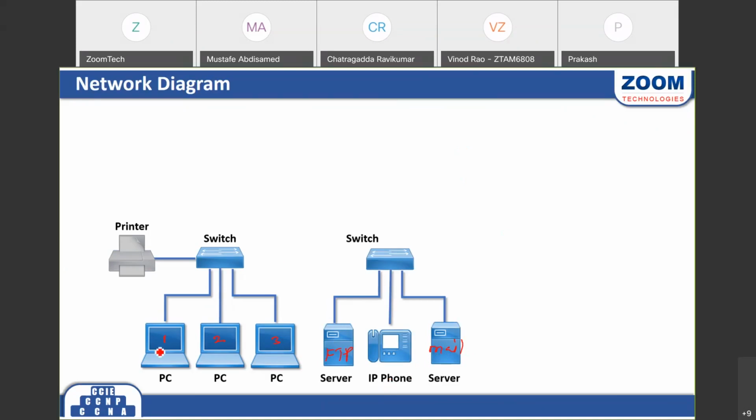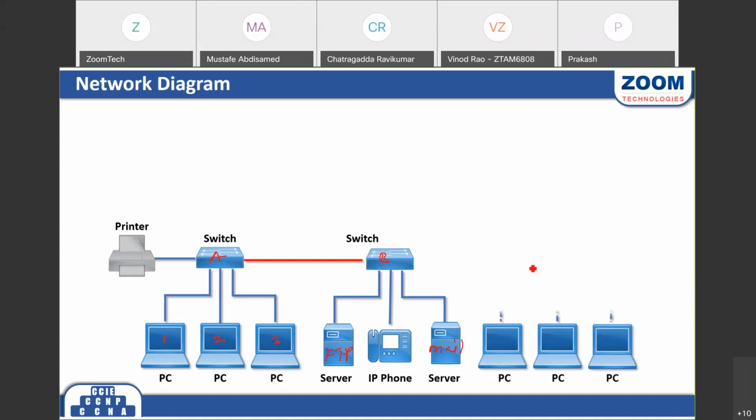From PC1 we can communicate with the printer, PC2, and PC3. But how can PC1 access the FTP server or the mail server? The simple logic is to connect switch A and switch B with one crossover cable. Then all devices can communicate.